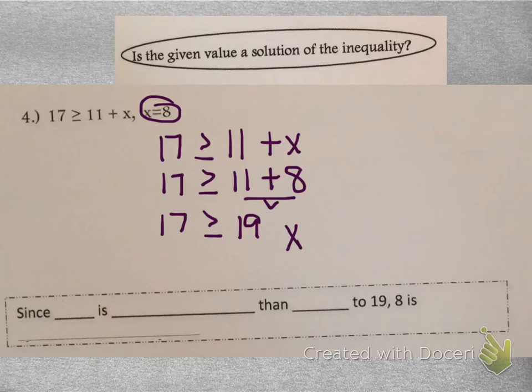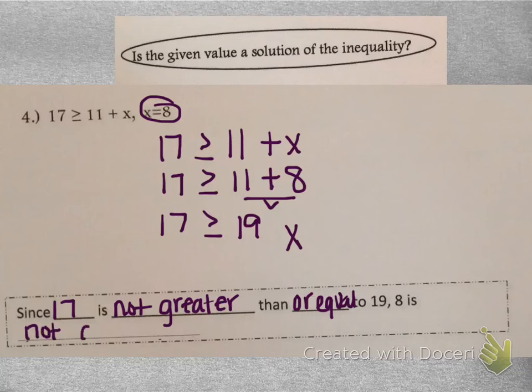So since 17 is not greater than or equal to 19, 8 is not a solution. Okay, so not only do we write that, but when it says right here greater than or equal to, in our last and third step, we want to put a slash through that because it's not true. 17 is not greater than or equal to 19.